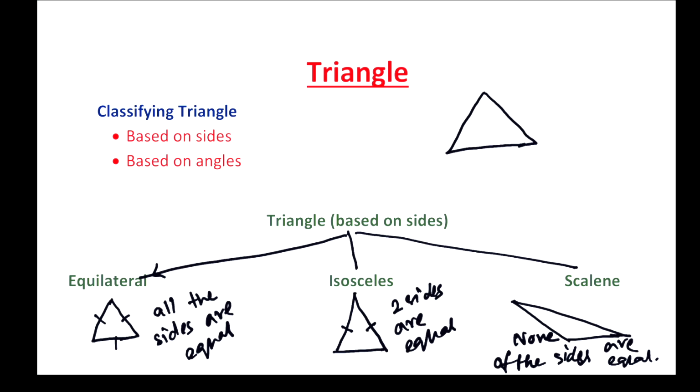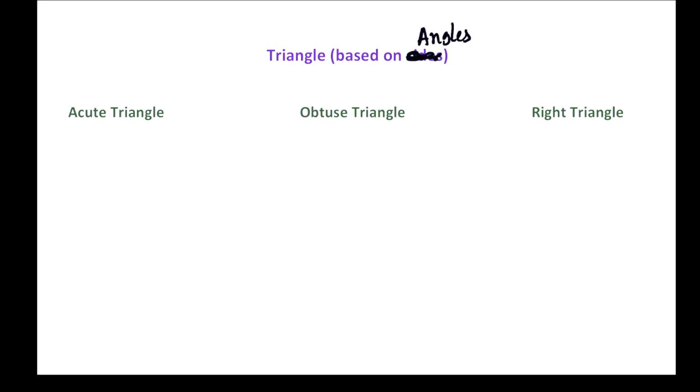Now let's classify based on angles. Based on angles, a triangle could be classified into three different types. One is acute angle triangle, another is obtuse angle triangle, another is right angle triangle. Before talking about acute angle triangle, let's talk about what an acute angle is.